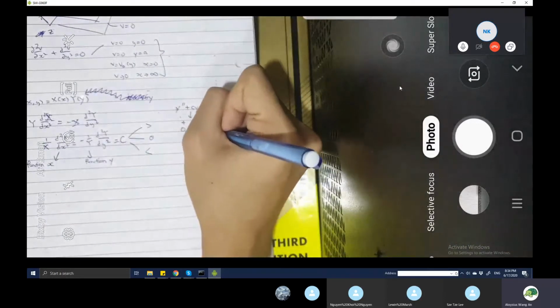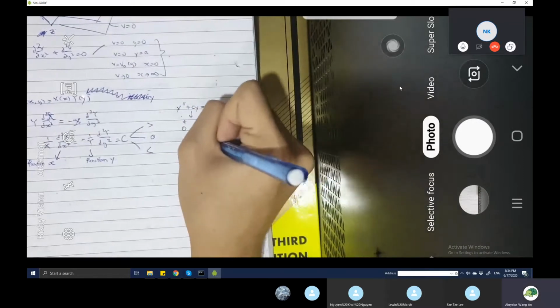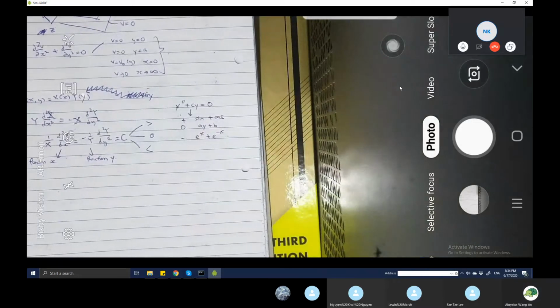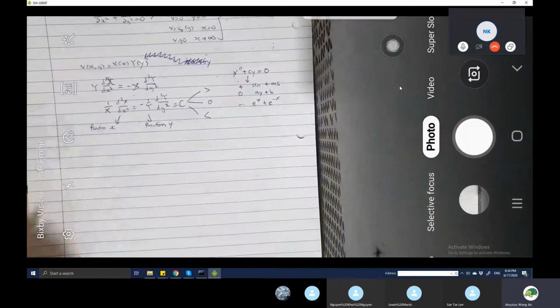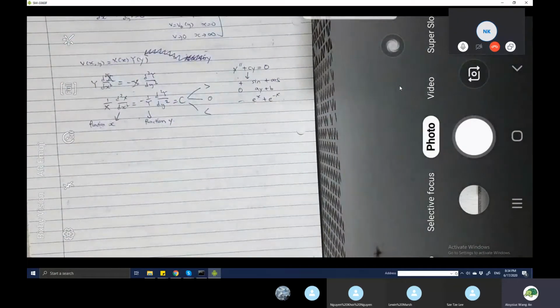If it is 0, then you will get a linear solution. And if it is negative, you will get an e to the x plus e to the minus x solution. Is that correct? And so at this point in time, all we need to do is think about which of these are allowable solutions given the boundaries of our question.